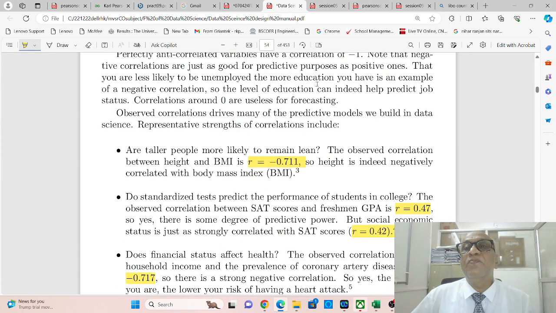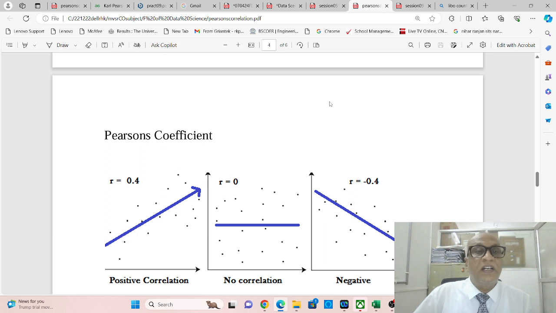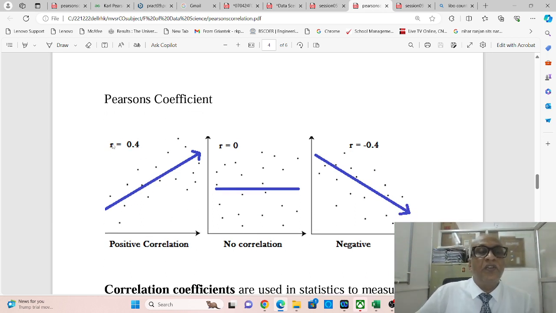To make things simpler, let us look at this. One of the types of correlation coefficient is Pearson's correlation coefficient, given by the term R. If you look at these three graphs, the leftmost graph has a correlation of 0.4, which is a positive correlation.